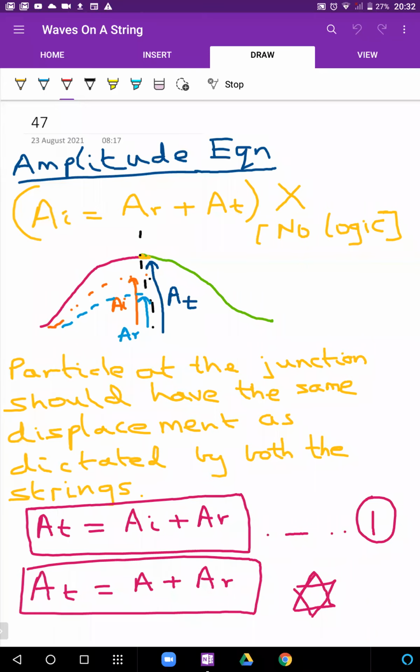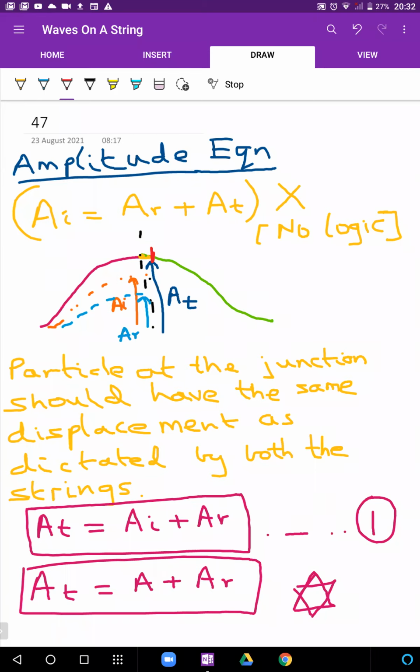Now when these are at their extreme position, you should see the point of contact have the same displacement. The particle just to the right of it has a displacement of AT as dictated by this equation.